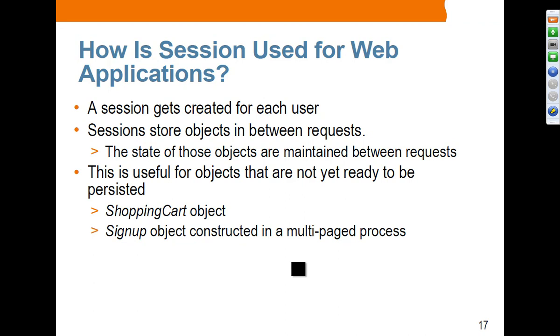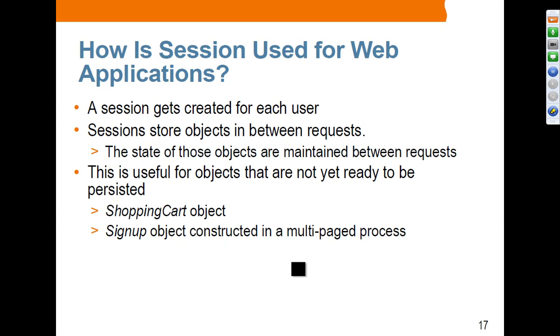A good example of an object you want to save in a session is a shopping cart object. If you are building an online shopping application, you want your user to be able to add items. The shopping cart object will maintain the items that have been added.